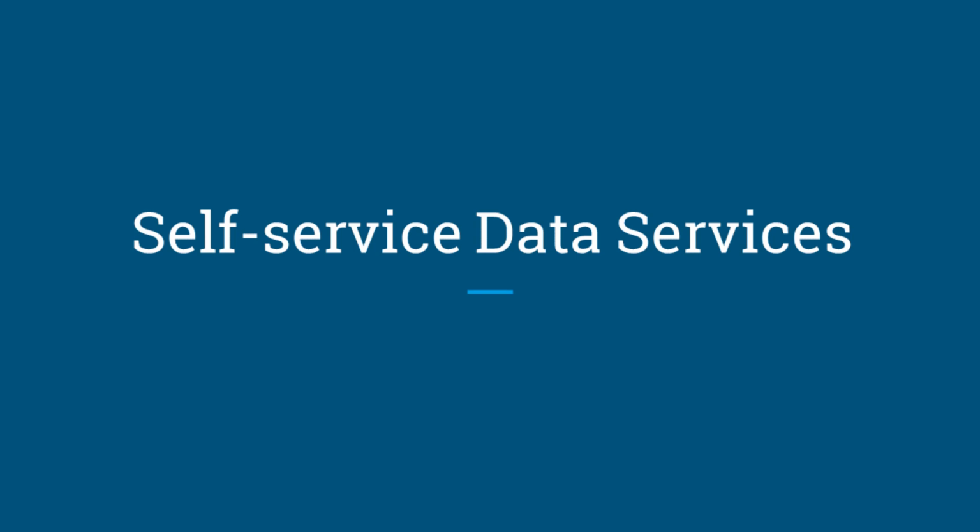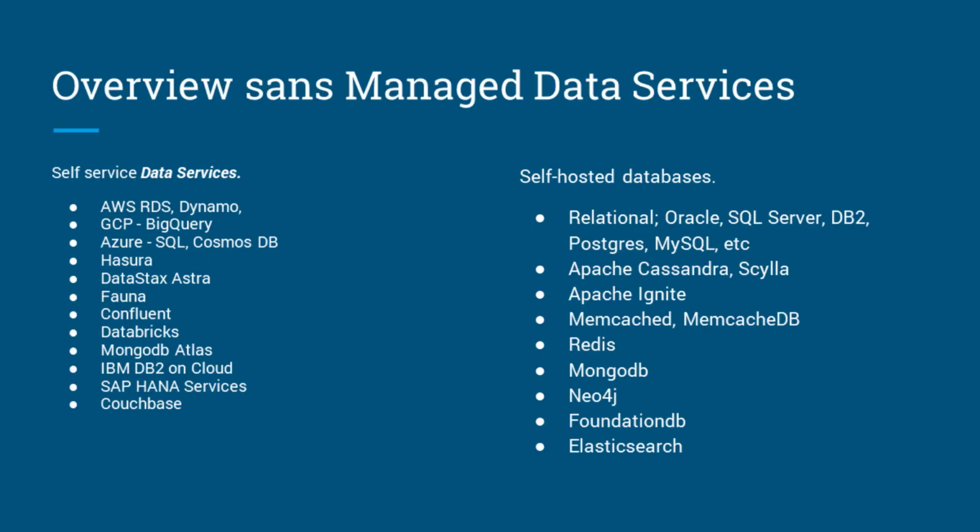And then the third, and really the newest kind of way to get access to data services, is the self-service data services. And this is basically the idea that you're able to go into a portal or website of some sort, some type of interface, click a few buttons, and get access to those data services that you need, databases, APIs, whatever it is.